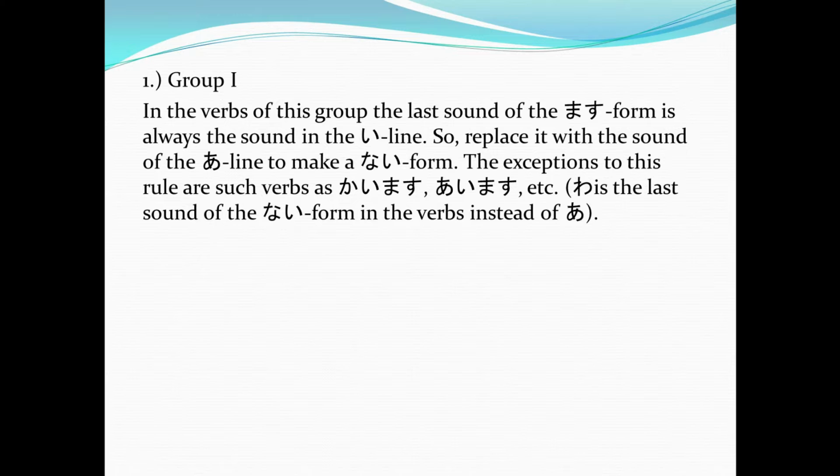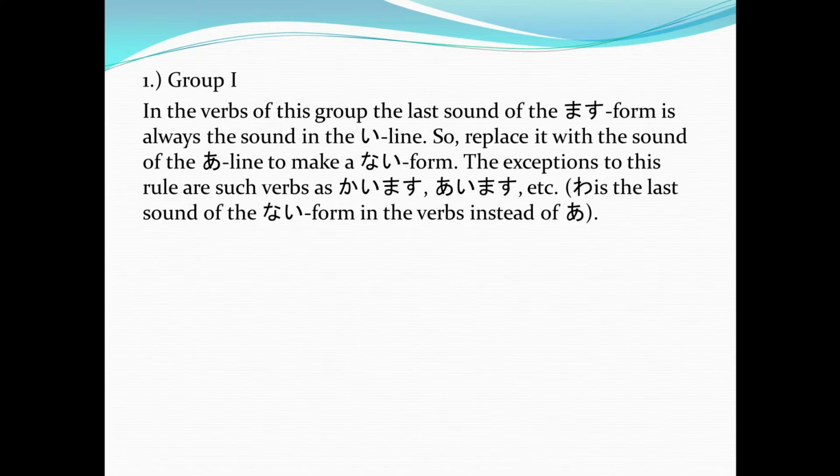We have ka, sa, ta, ma, na, ra, wa, and so on. The exception to this rule are verbs such as kaimasu and aimasu, wherein the E line will be changed into wa, then we add nai.